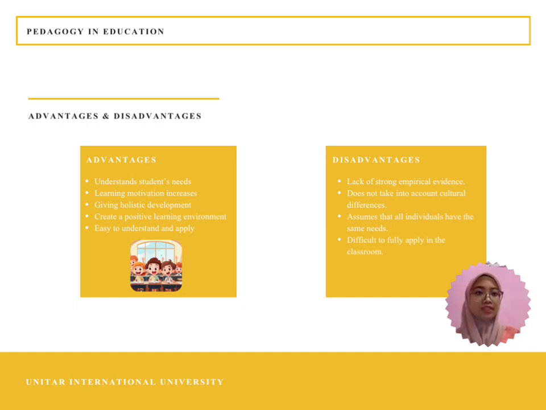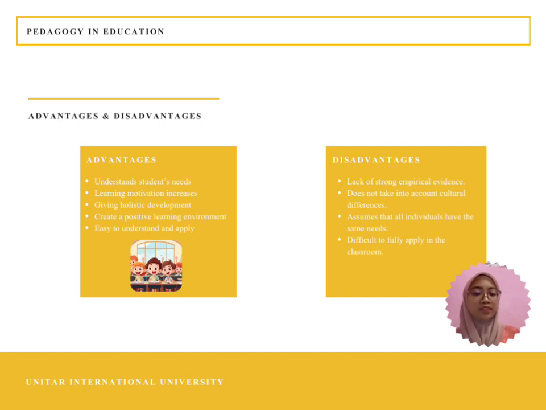The fourth one is that this theoretical approach assumes that all individuals have the same needs. Every student has a different background and motivation in life, so every student does not have the same needs.